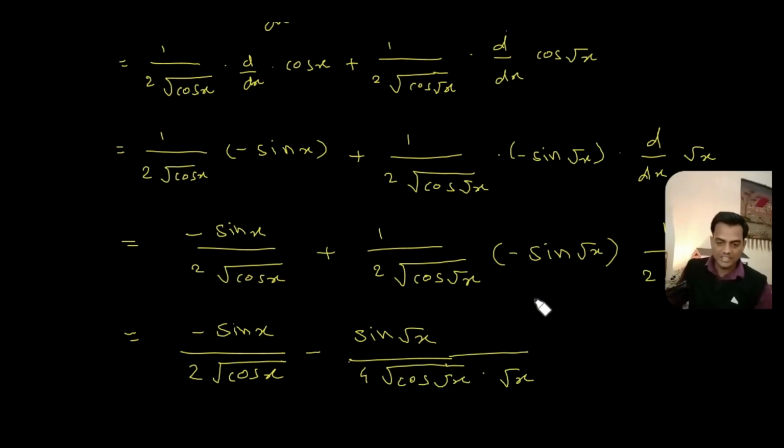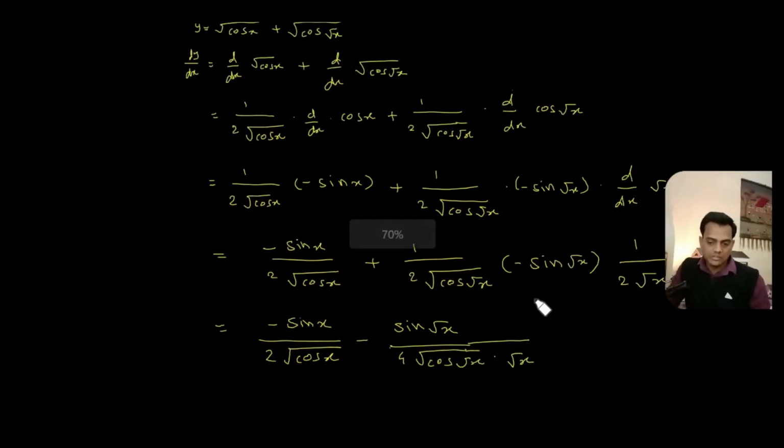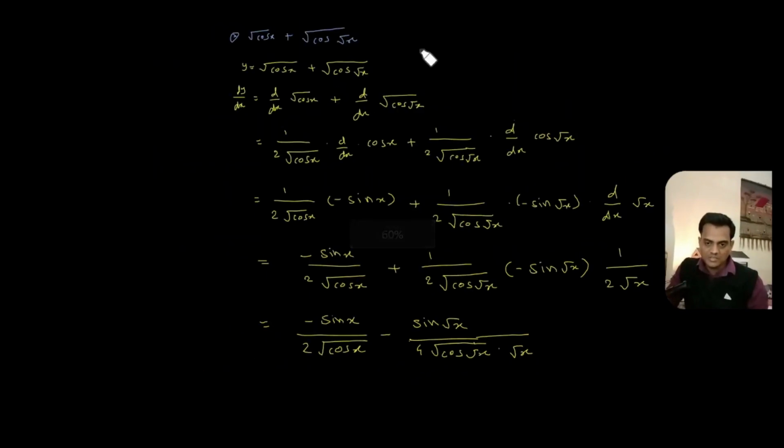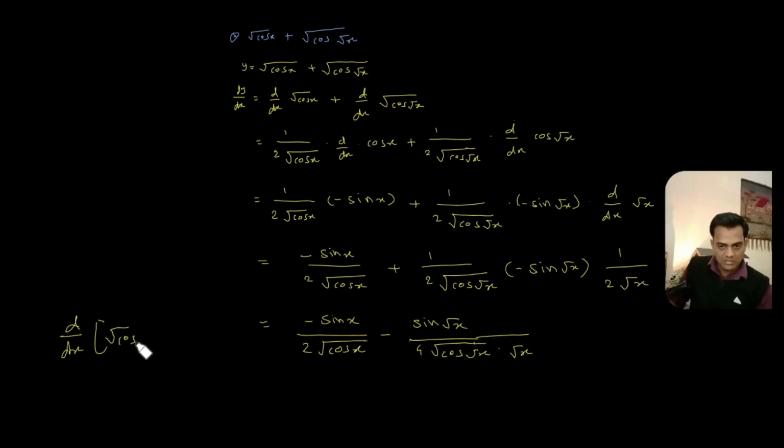So I think it's okay. So this will be the final output, the final derivative of this particular. So I can write down the derivative of square root of cos of x plus square root of cos of square root of x is equal to this.